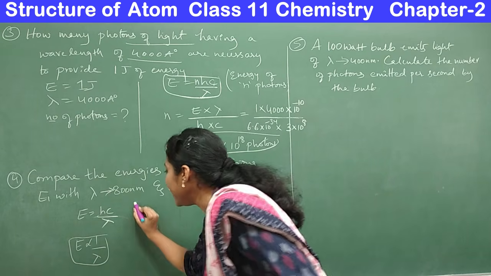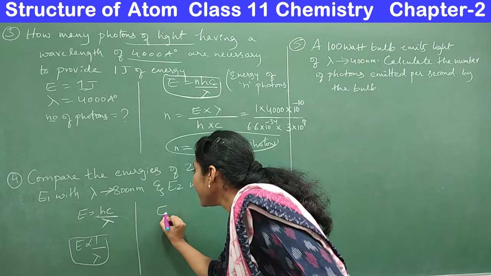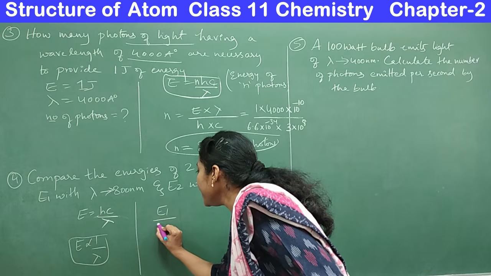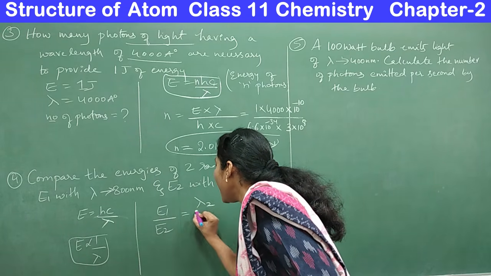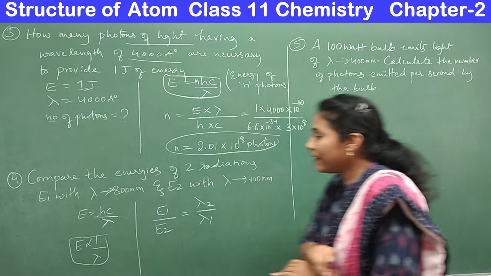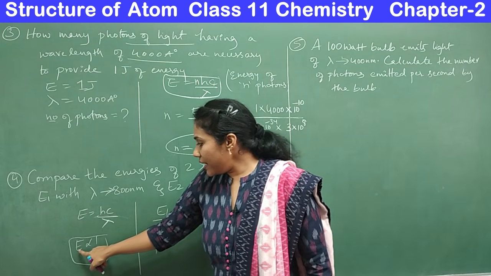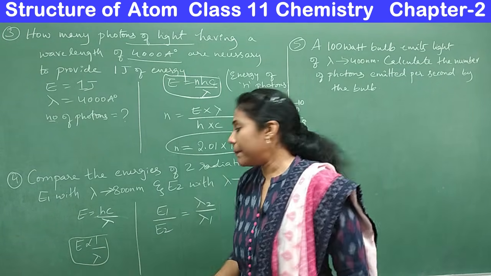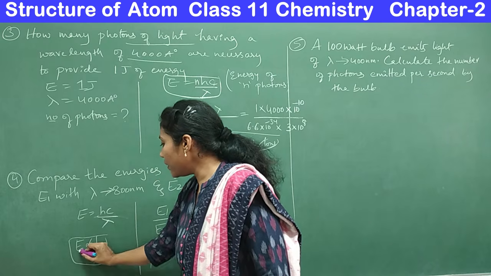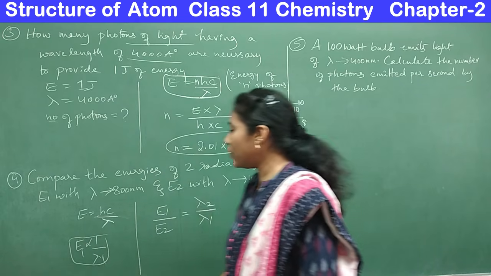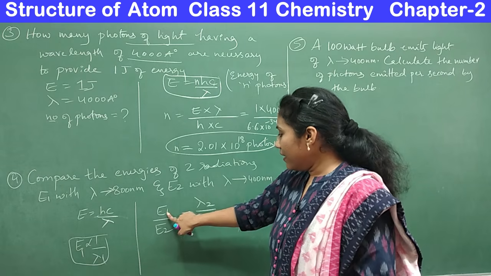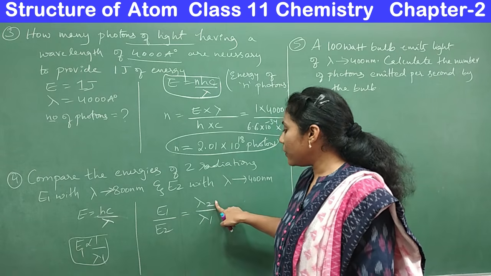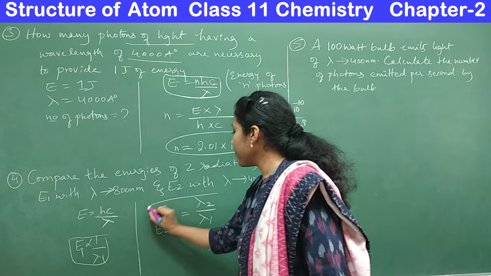Right? So can I write here E1 by E2 is equal to lambda 2 by lambda 1? Right? Because energy is inversely proportional to lambda. This E1 is inversely proportional to lambda 1. So E1 by E2 is equal to lambda 2 by lambda 1, right?